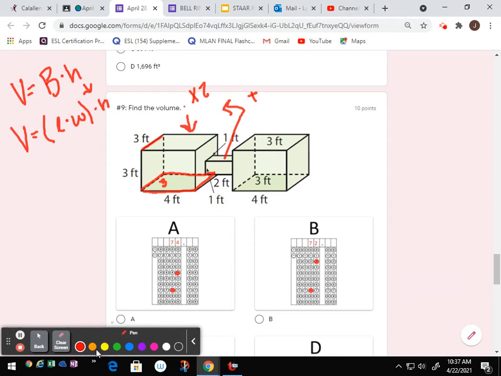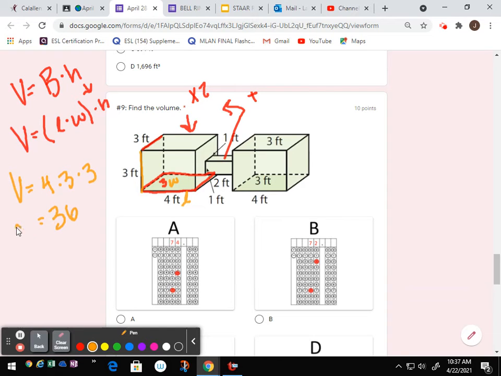Okay, all right, so let's plug in numbers. So we have V is equal to the length looks like it's 4, the width is 3. So we have 4 times 3 times the height of 3. Okay, so 4 times 3 is 12. 12 times 3 is equal to 36.